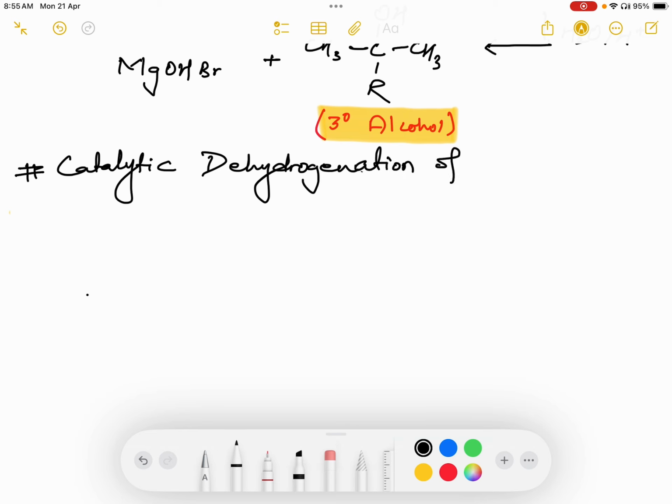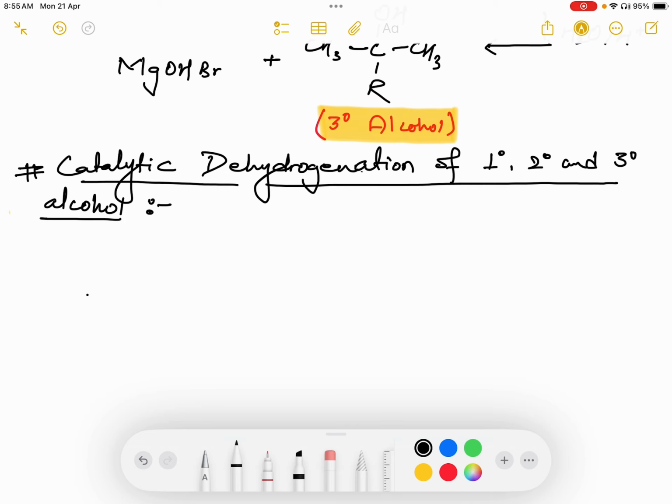Catalytic dehydrogenation of 1 degree, 2 degree, and 3-degree alcohol. So what will happen when 1 degree, 2 degree, and 3-degree alcohol is being catalytically dehydrogenated?